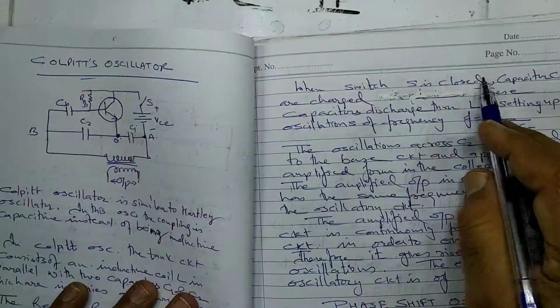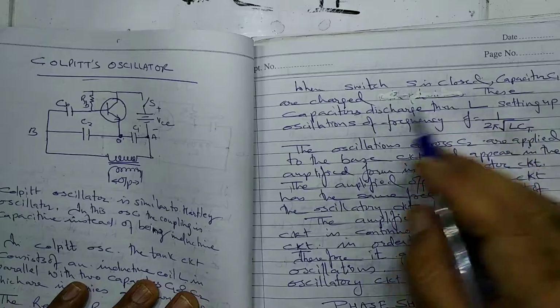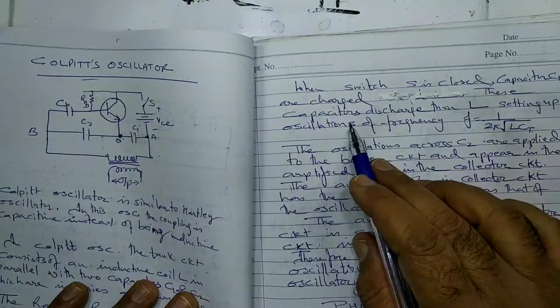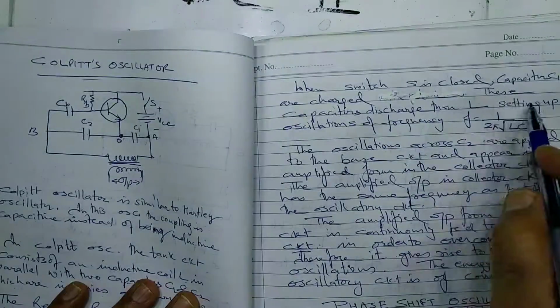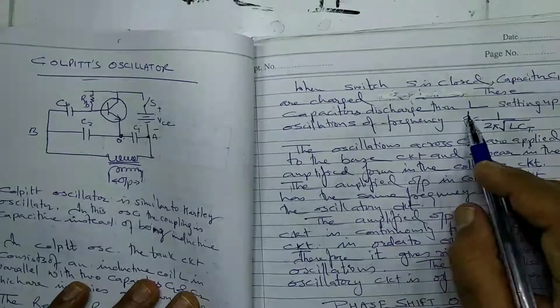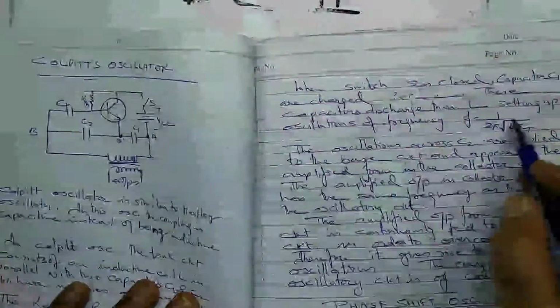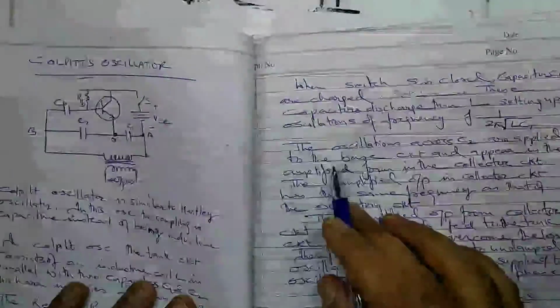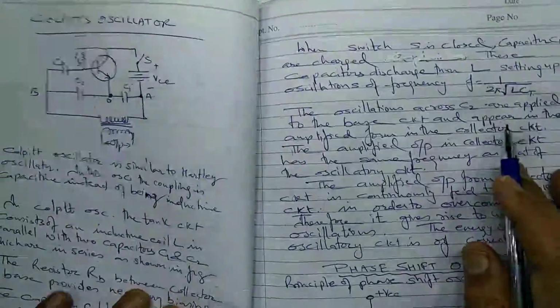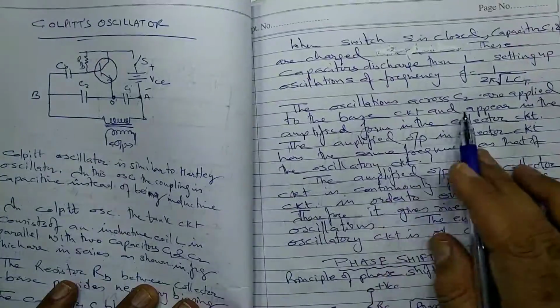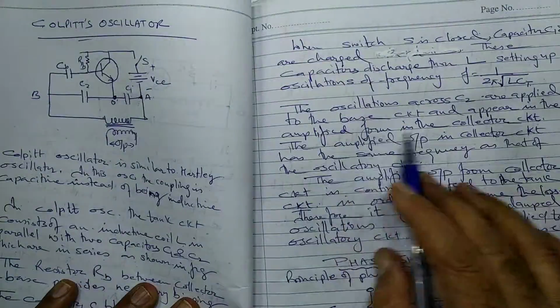When switch S is closed, the capacitors C1 and C2 are charged. These capacitors discharge through L, setting up oscillations of frequency F is equal to 1 upon 2 pi under root of L CT.